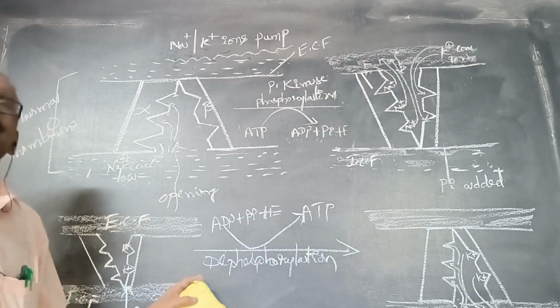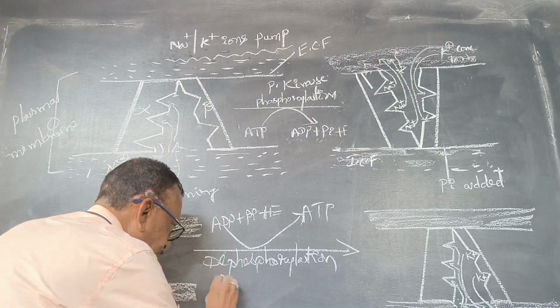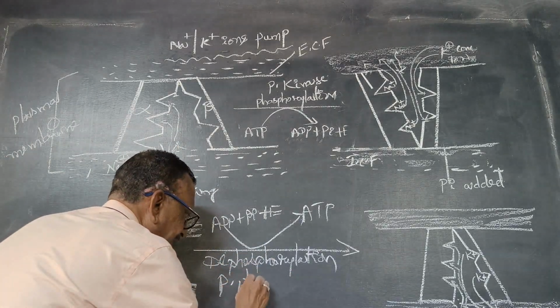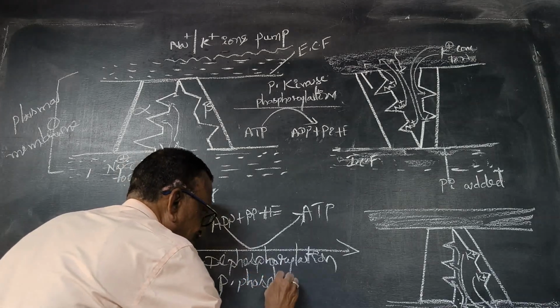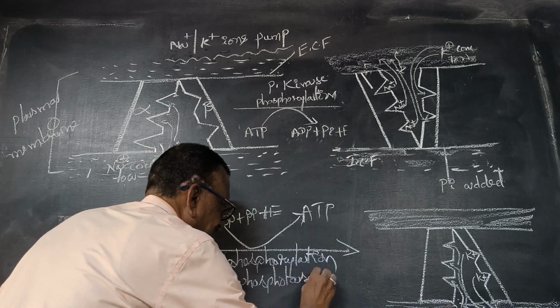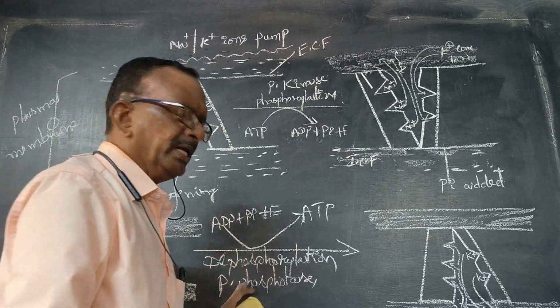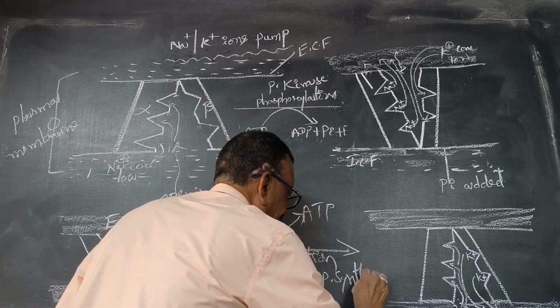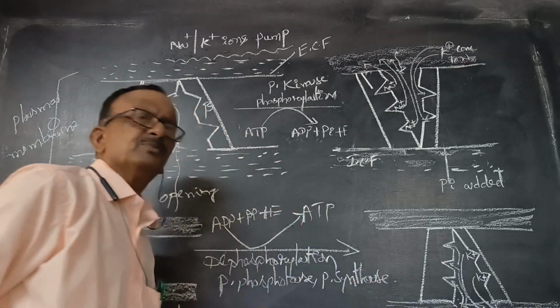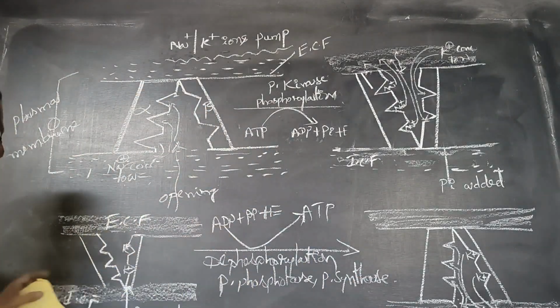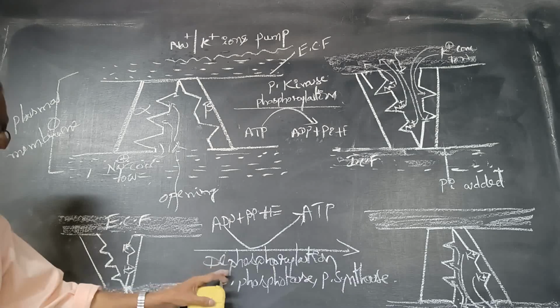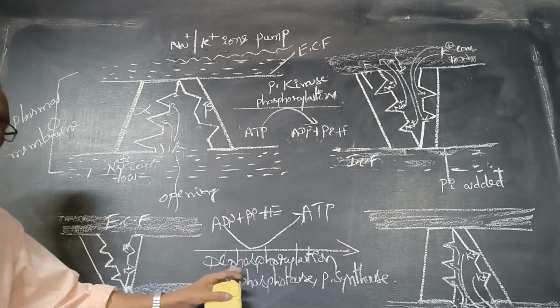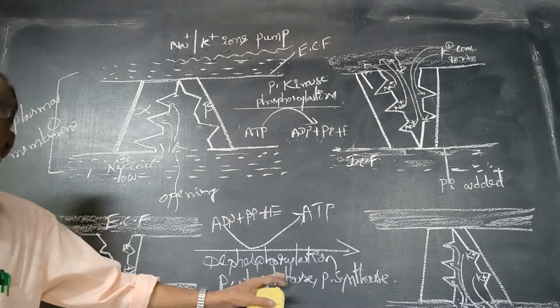Now this is catalyzed by protein phosphatase, or another name is protein synthase. Okay. So this process constitutes dephosphorylation catalyzed by either protein phosphatase or protein synthase.